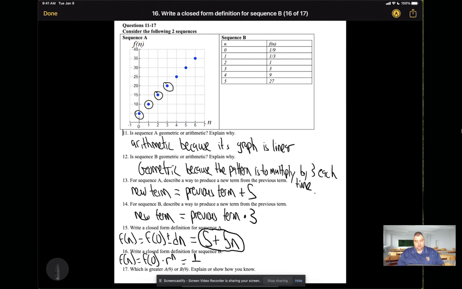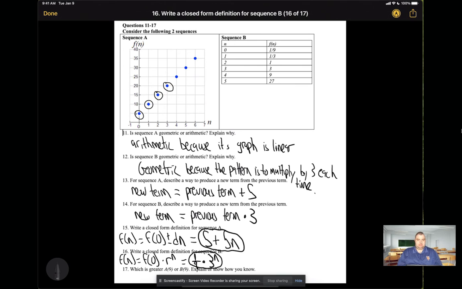My starting term is 1/9 times r, my common ratio. What am I multiplying by each time? I'm multiplying by 3. So my closed form is going to be 1/9 times 3 to the power of n.